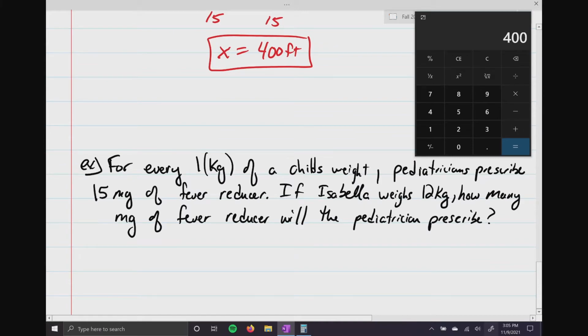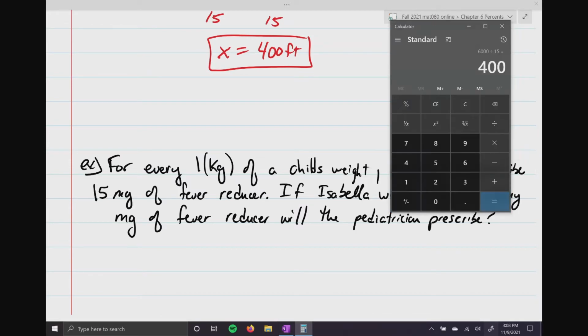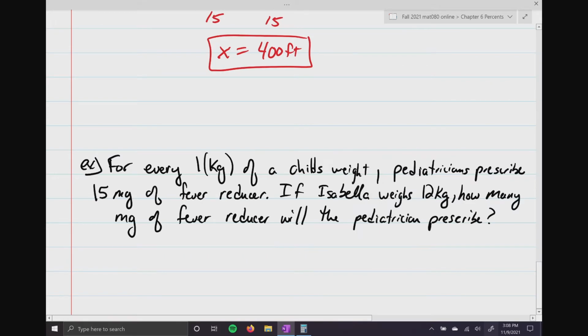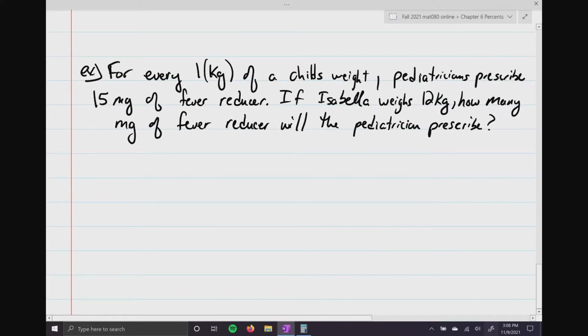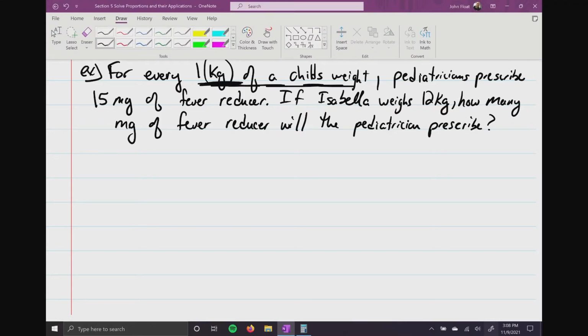So, like I said at the very start, this is all about setting up and understanding how proportions work. So here we go. Let me get rid of this. All right, remember, it's about setup. Units gotta match. So when we read the problem, what we're finding here is for every kilogram of a child's weight, you know what, let me use a highlighter here.